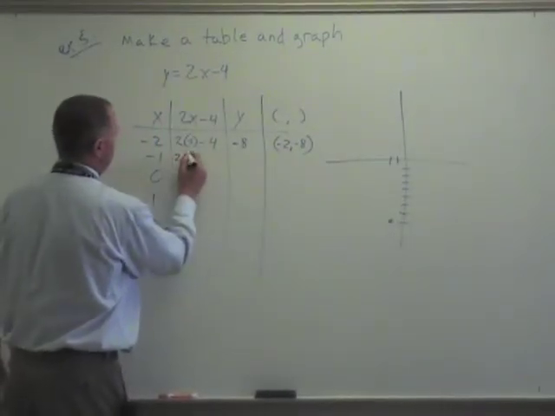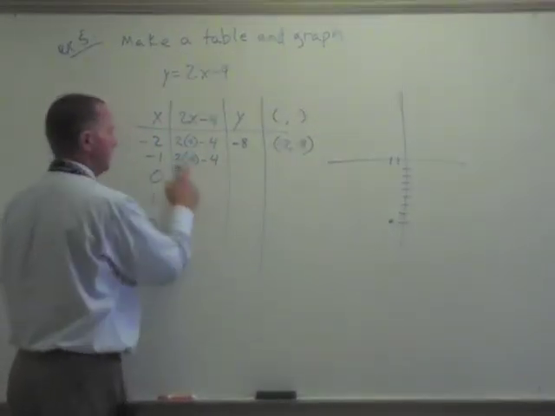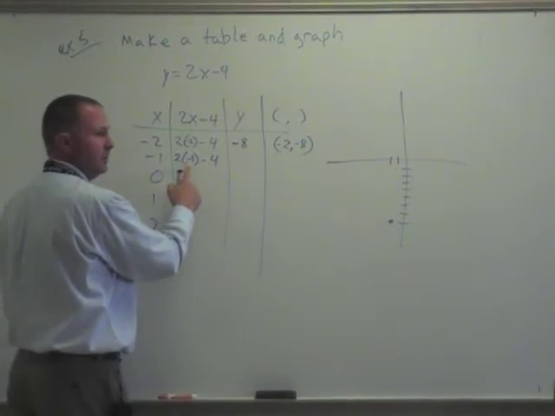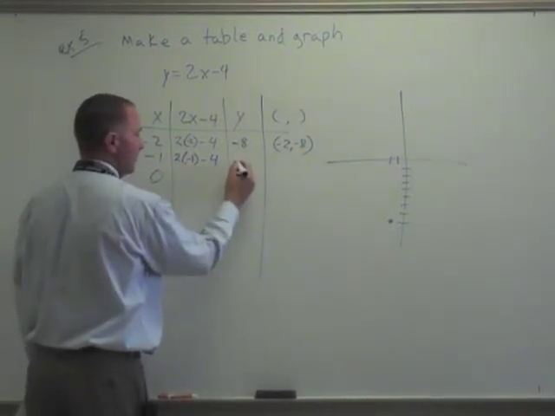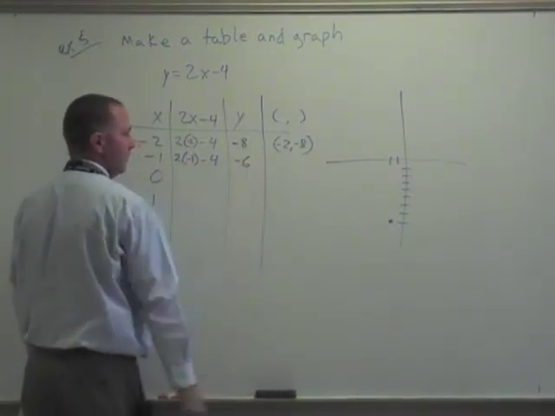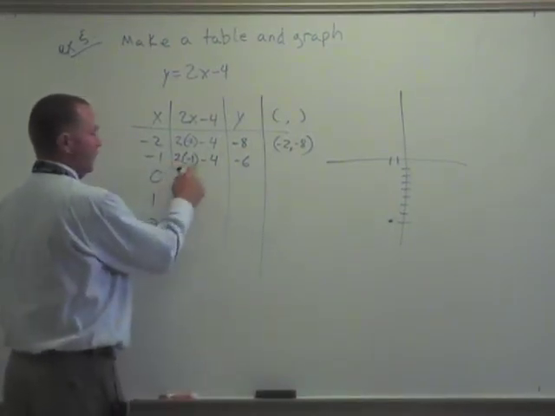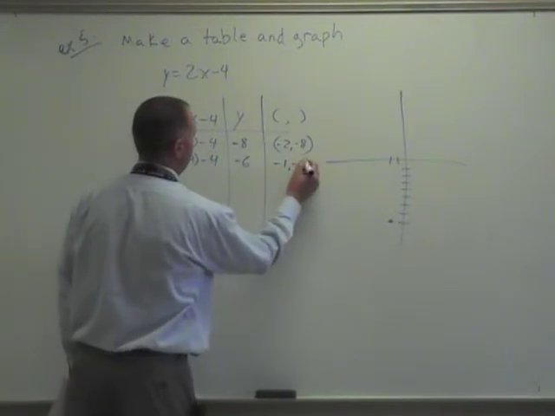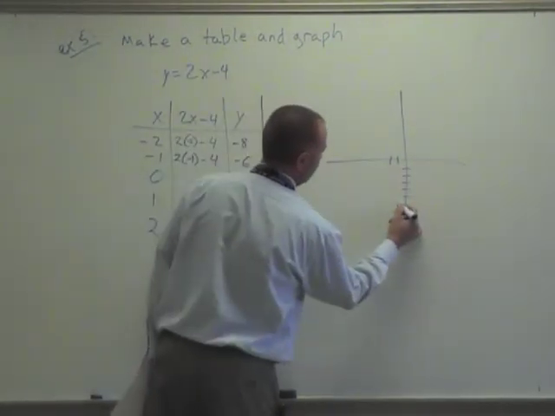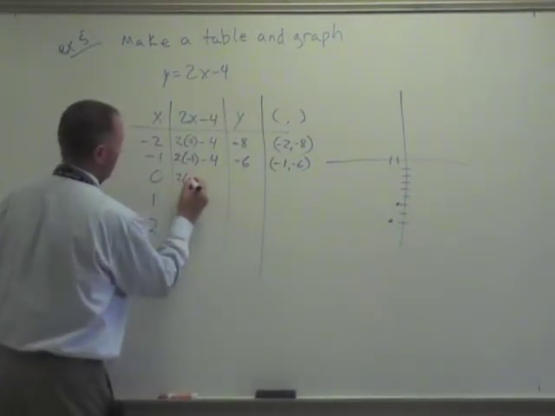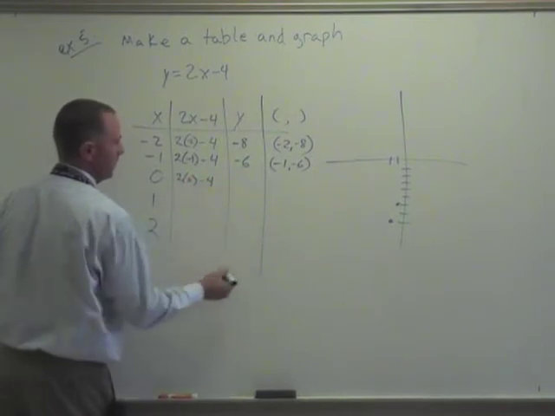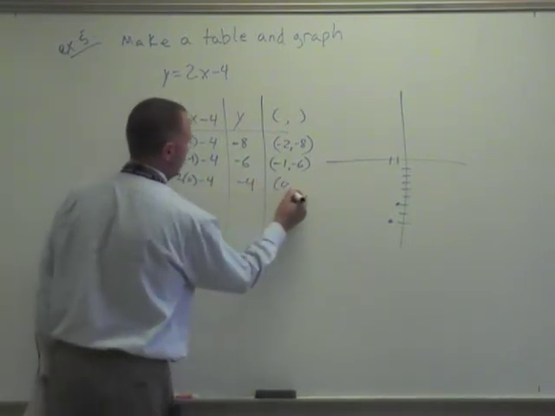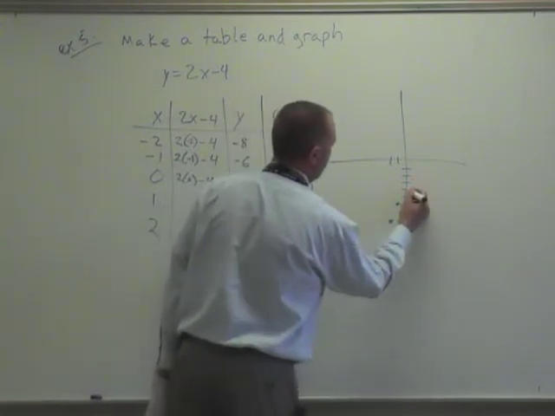So negative 1 is? Negative 2 minus 4. Negative 6. So at negative 1, I go down to negative 6. What happens at 0? So I put 0, negative 4.